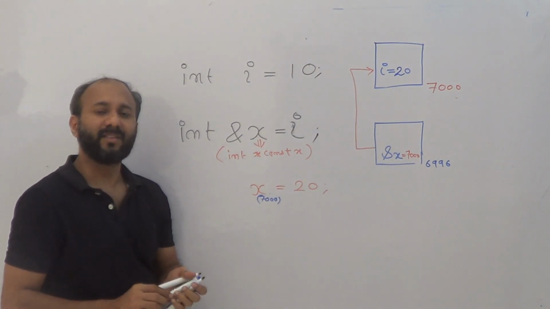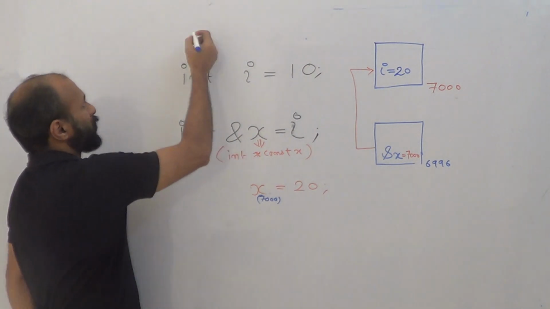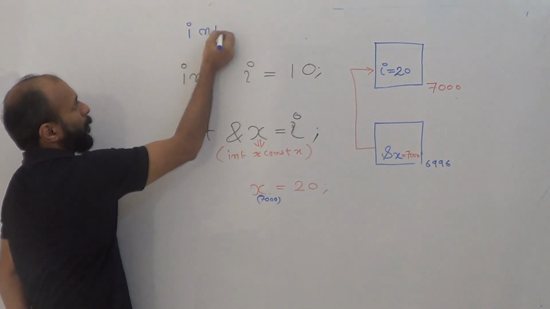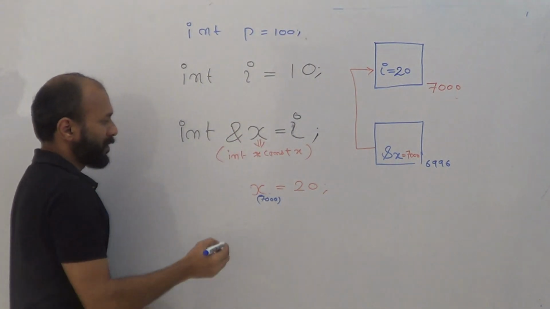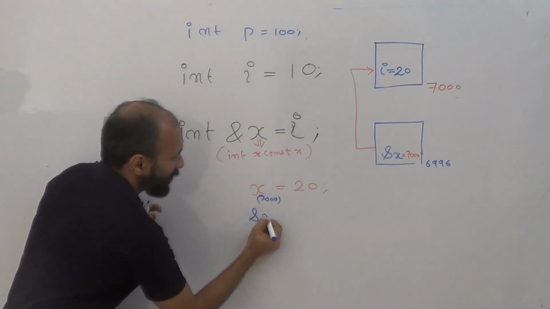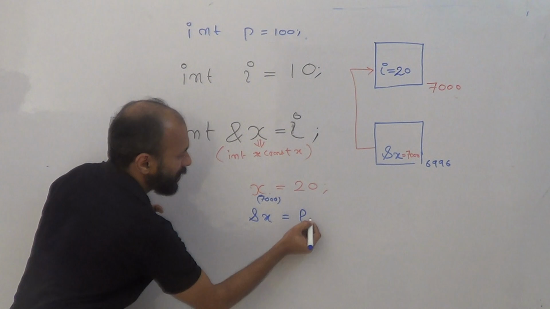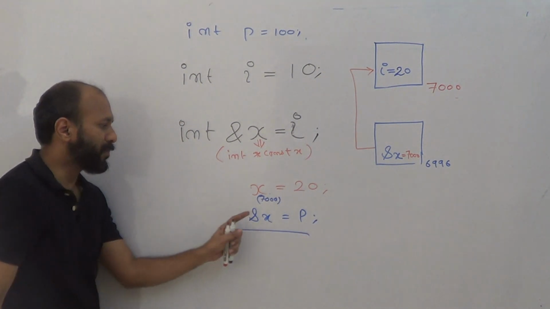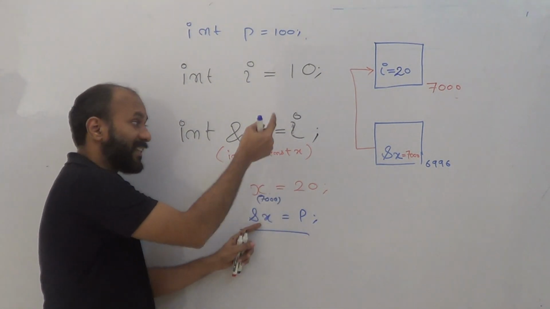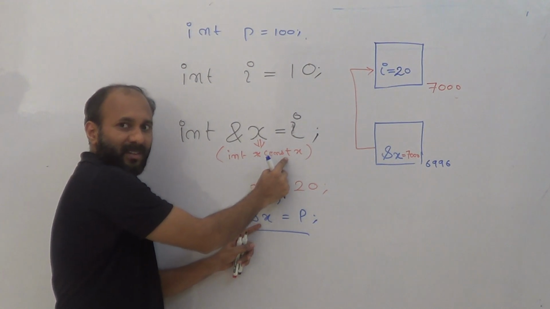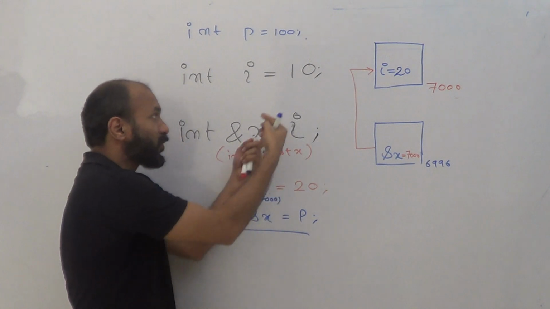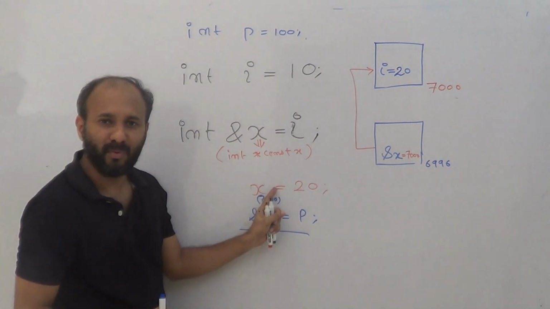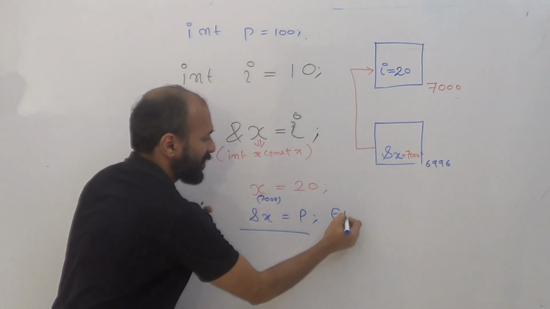You will get an error. For example, assume I have one more variable, int p equal to 100. If I try reference x equal to p, you will get an error. Why? Because this reference variable is internally a constant pointer, so it cannot point to another address. That is not possible, and on this line you will get an error.